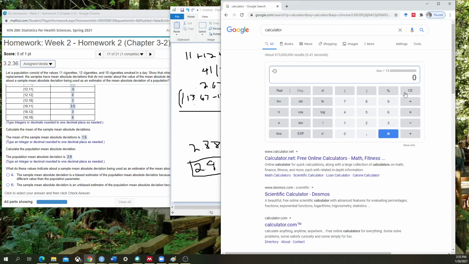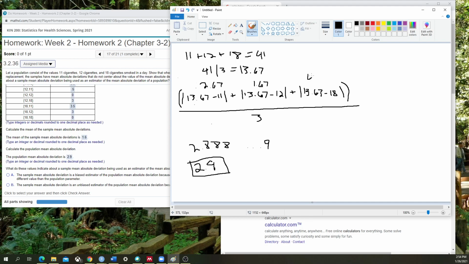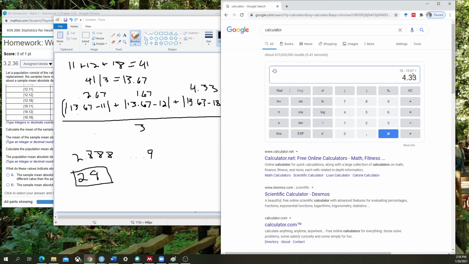Since this doesn't have it, I'll do a little bit of a shortcut: 18 minus 13.67 equals 4.33. I'm going to add these up. And this is where you can run into some issues if you're trying to do this all by hand.